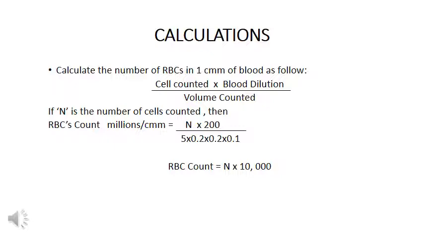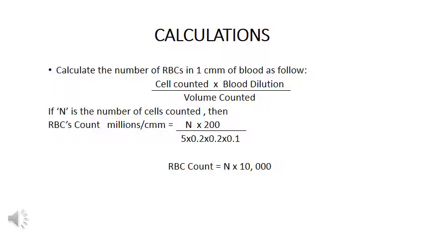So 5 tiny boxes multiplied by 0.2 for each tiny box length, and the width of each tiny box is also 0.2, and then the depth or height of each tiny square is actually 0.1. So we can find the volume of the whole large square, the central big square, through this method.